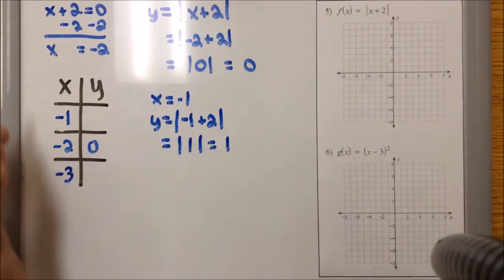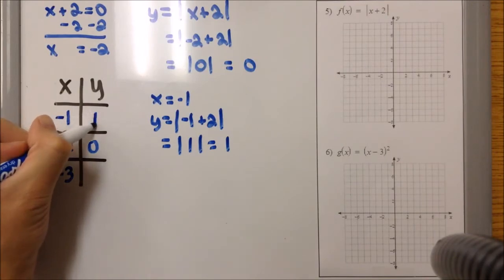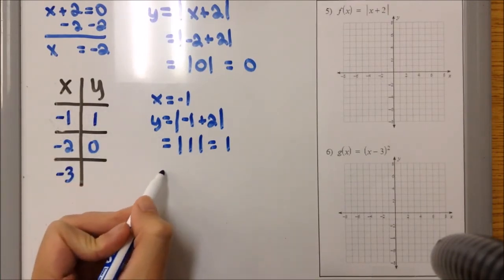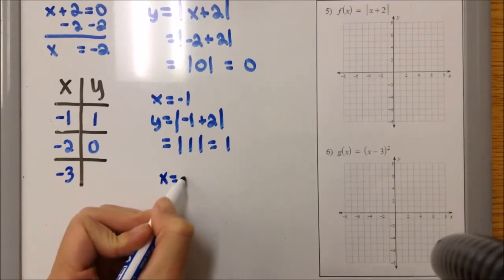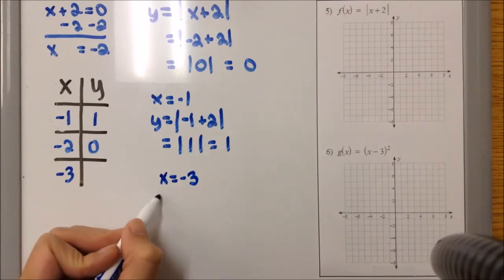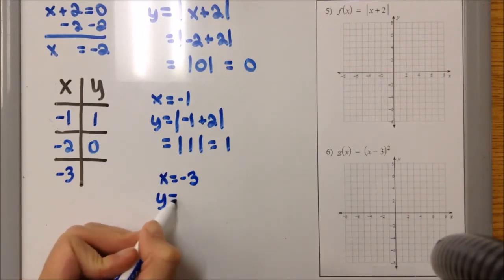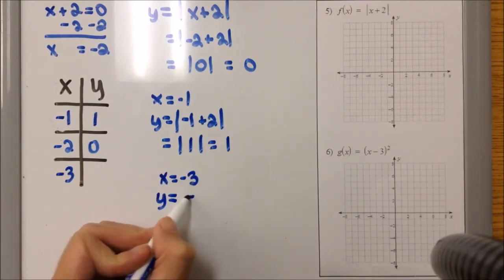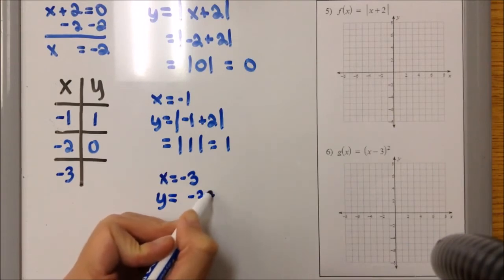Now, actually, let me put it right here. 1. Next, I'm going to plug in x equal -3. So we're going to plug in x with -3. So -3 here plus 2.